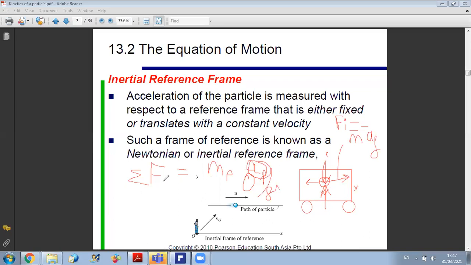So here I will add, in addition to all forces, the force of inertia, and the force of inertia is minus m a. It's the mass of the person times the acceleration of what here? The acceleration of the car. And you will see that if I apply Newton's law in the inertial or non-inertial frame, I will end up with the same relation.